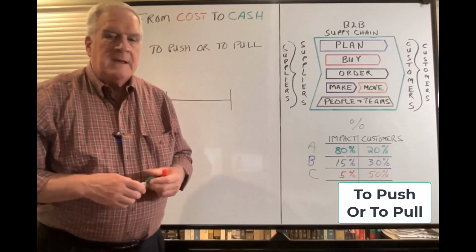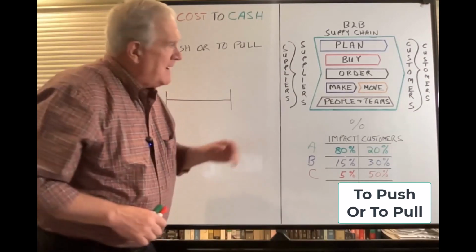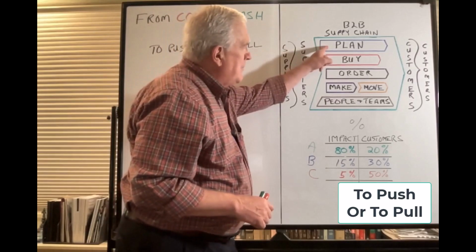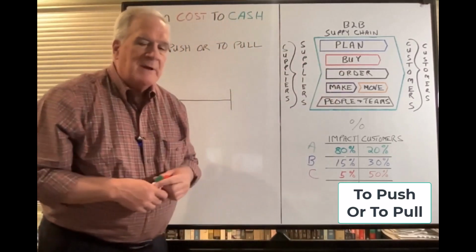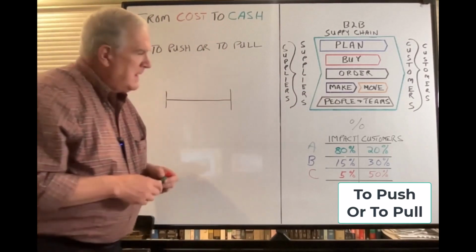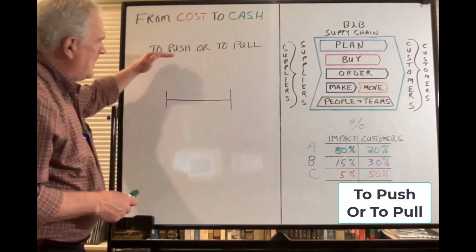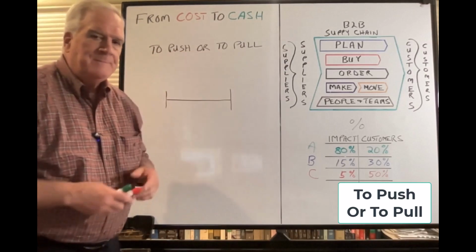Today we're going to talk about a concept that's a combination of the planning process and the make process within our B2B supply chain framework. And it's a choice which I call to push or to pull.